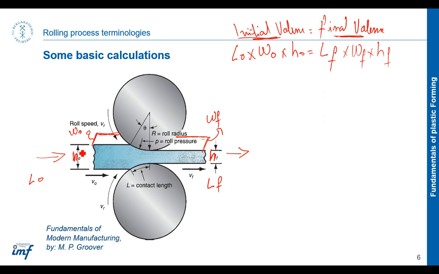Now assuming that the width of the billet is kept fixed, as you saw in the video, we use some side rollers to keep the width of the sheet fixed. So generally when the initial width is equal to final width, we can cancel these terms out.